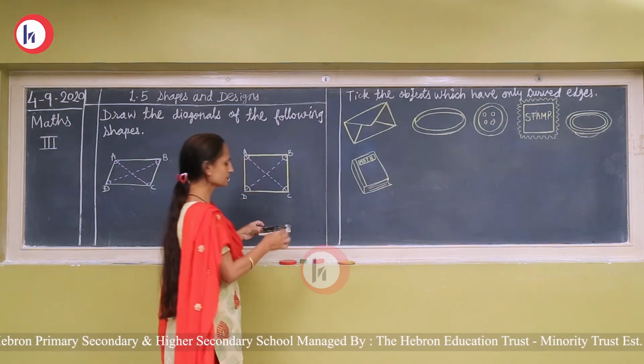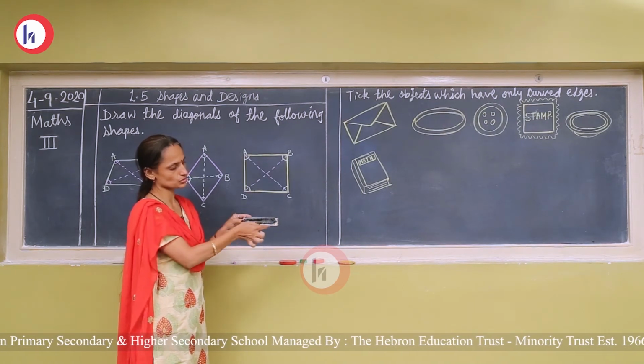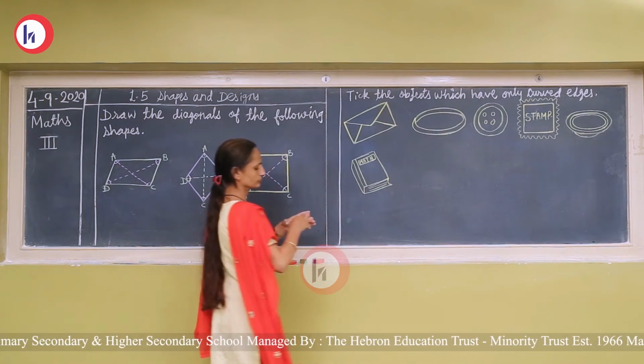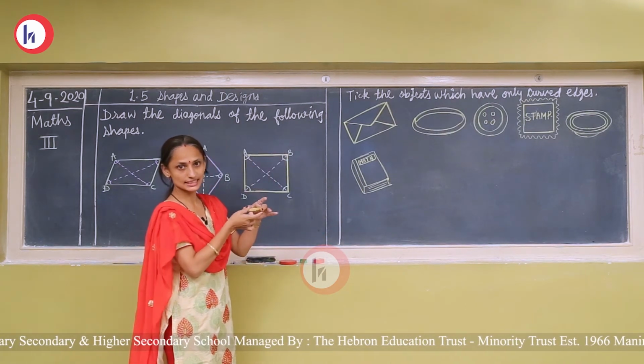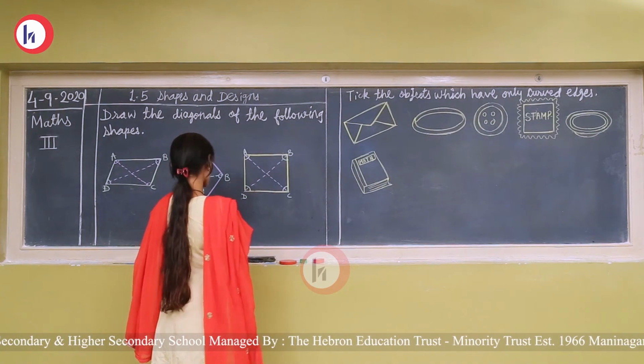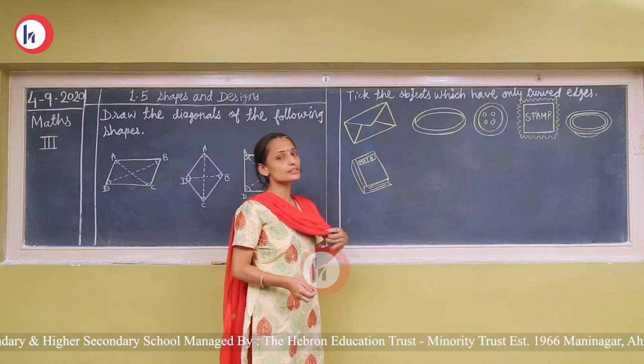And this duster, this is an edge of this duster. So, this is a straight edge. And for this bangle, yes, it is a curved edge. Now in this question, we will tick the correct object which has curved edges.